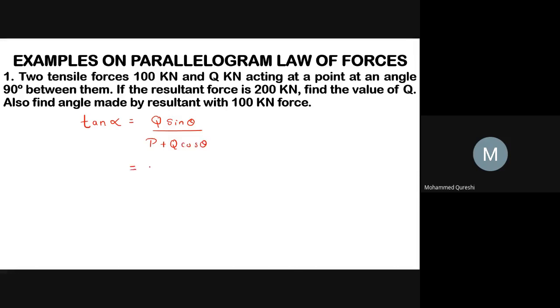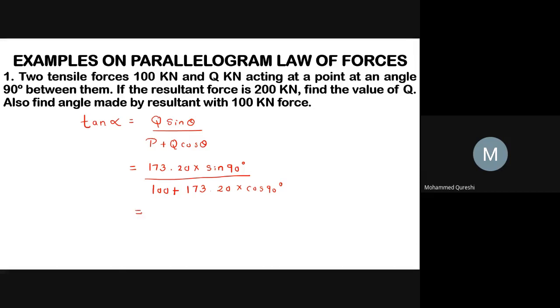We have the value of Q as 173.20 into sine, and the value of theta is given as 90 degree, upon the value of P as 100 plus the value of Q as 173.20 into cos 90 degree.